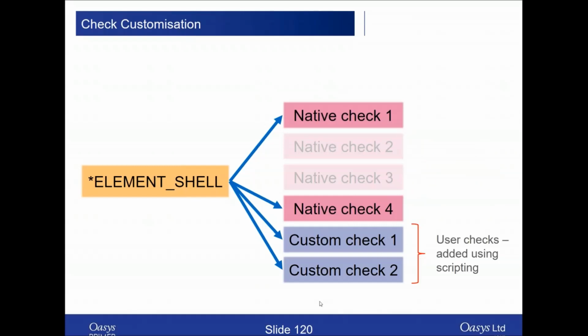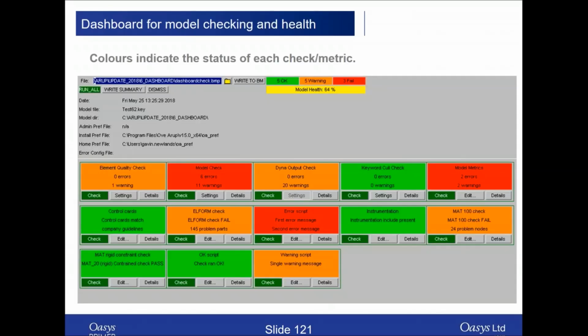So you can see how you can build up your own bespoke checking framework that allows you to completely customize the checks in your particular way that suits your rules.